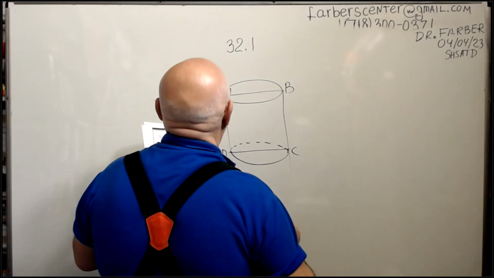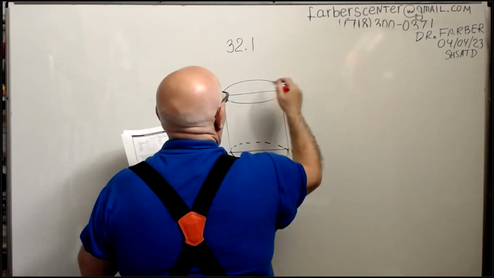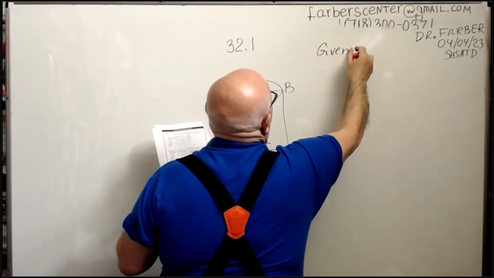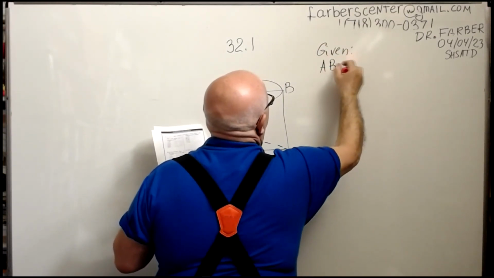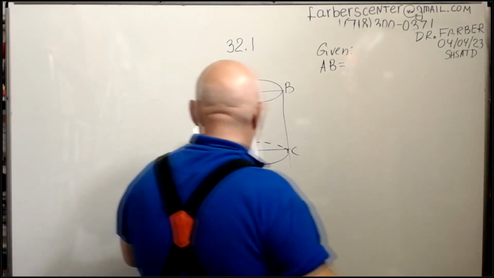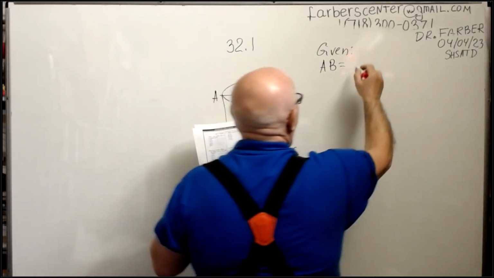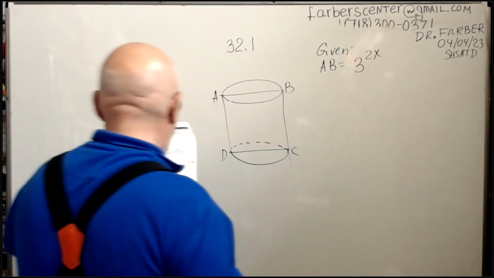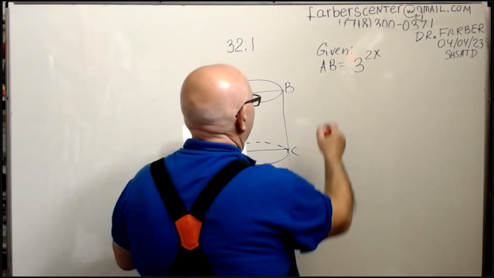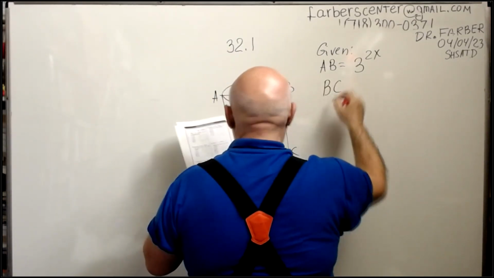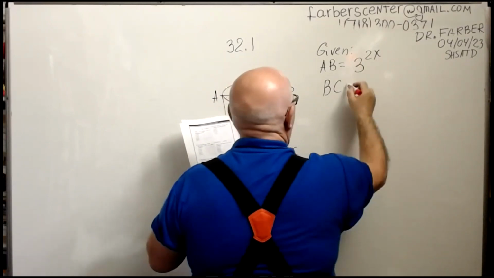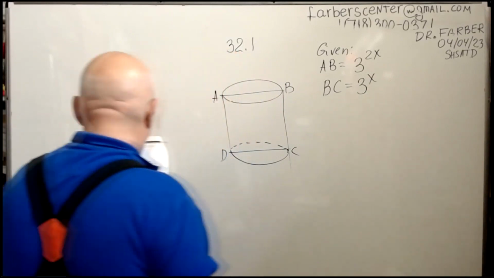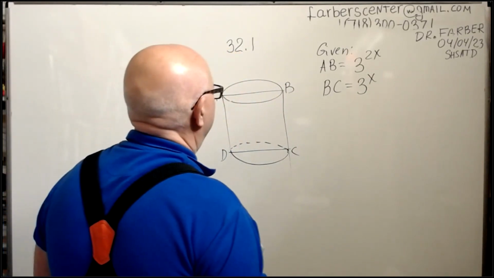AB is given. AB equals 3 to the power 2x. And BC equals 3 to the power x. What is the surface area of the cylinder?